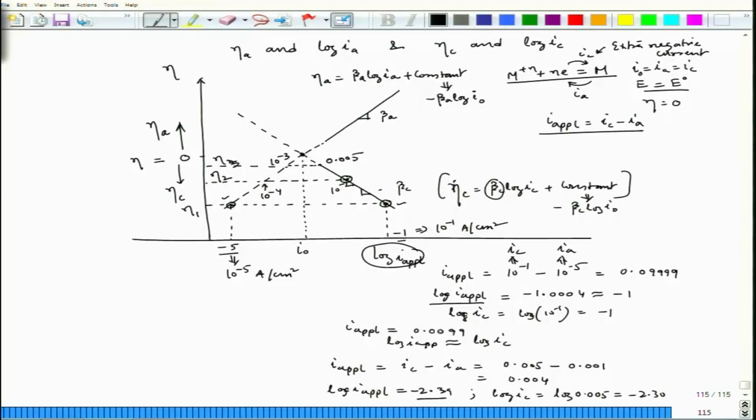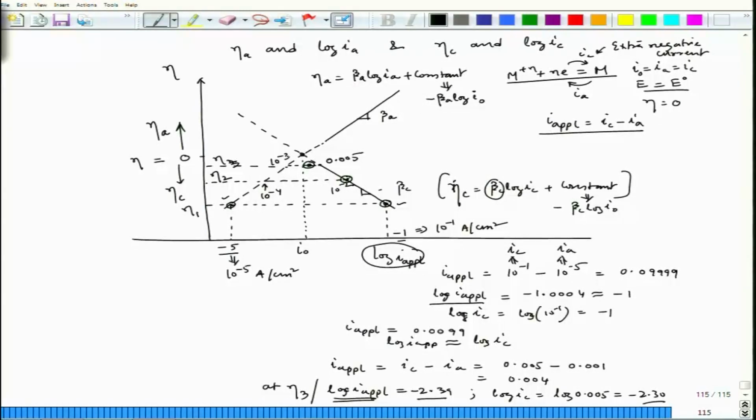So, it is not equal, we cannot say that they are equal. So, at that time we see that the log I applied at this particular point at eta 3 should be lying to the left of this.